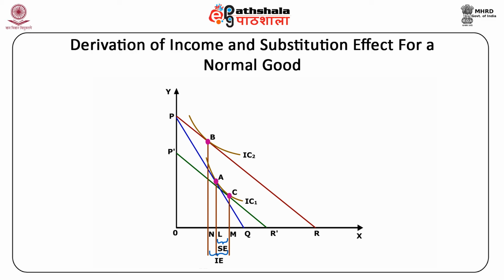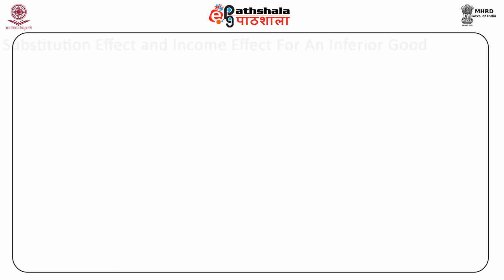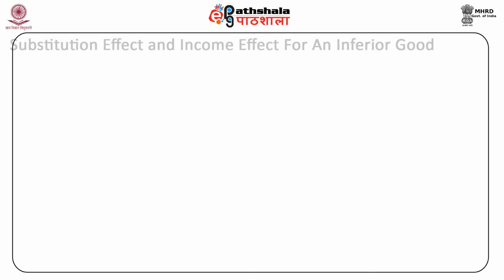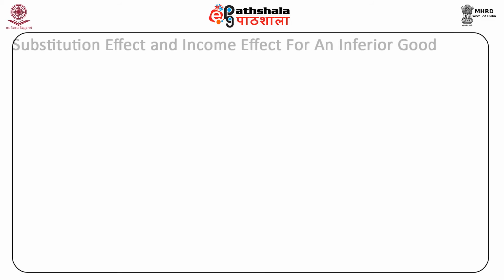If X is a normal good, an increase in purchasing power leads to an increase in the quantity demanded of X. In the figure, MN shows the income effect for a normal good. For a normal good, the quantity purchased increases when the price falls, both due to the income effect and substitution effect.